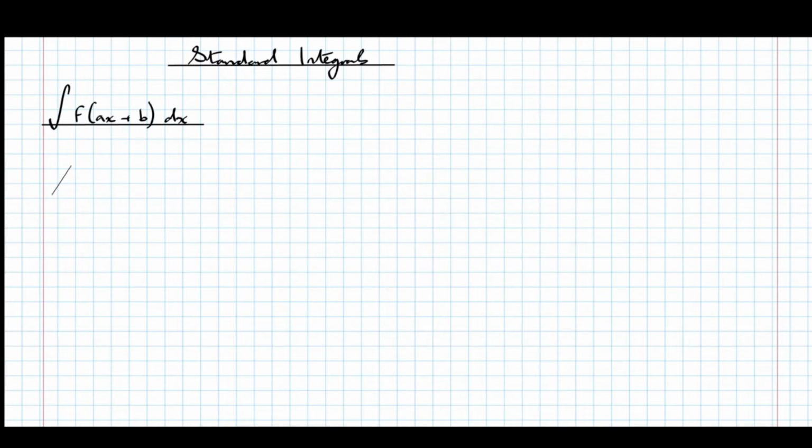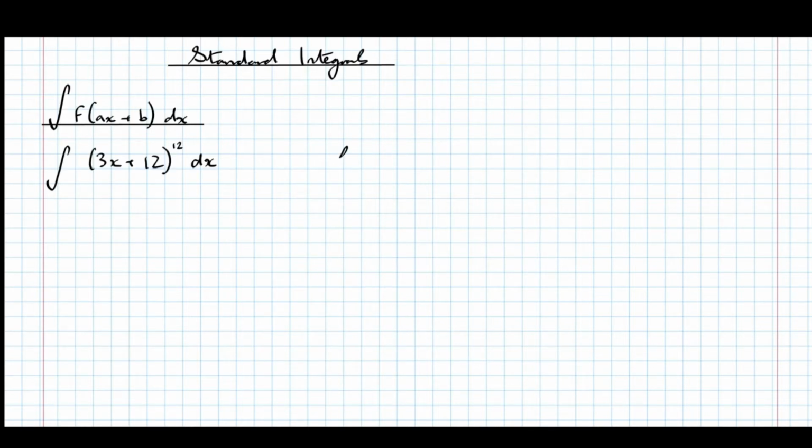So let's take an example. Let's take, for example, the integral of, let's say, 3x plus 12 to the power of 12 dx. So what we're going to do with this one, we're going to do it by substitution first of all and show you why this is an integral by substitution, but just missing out the working.